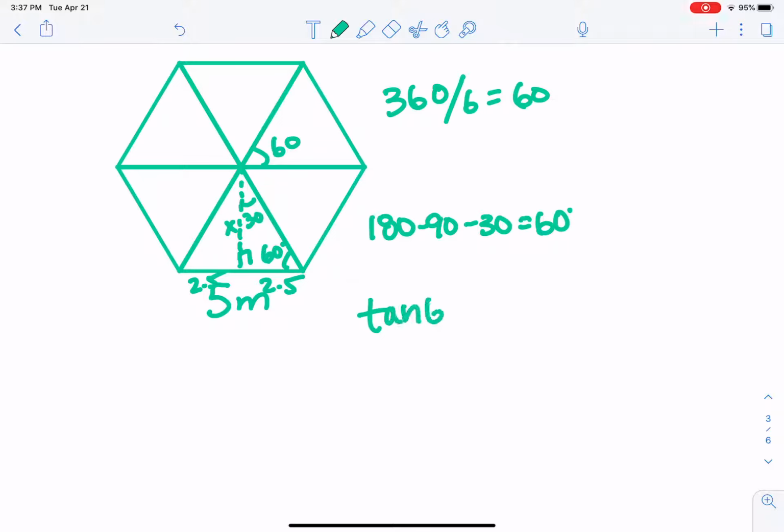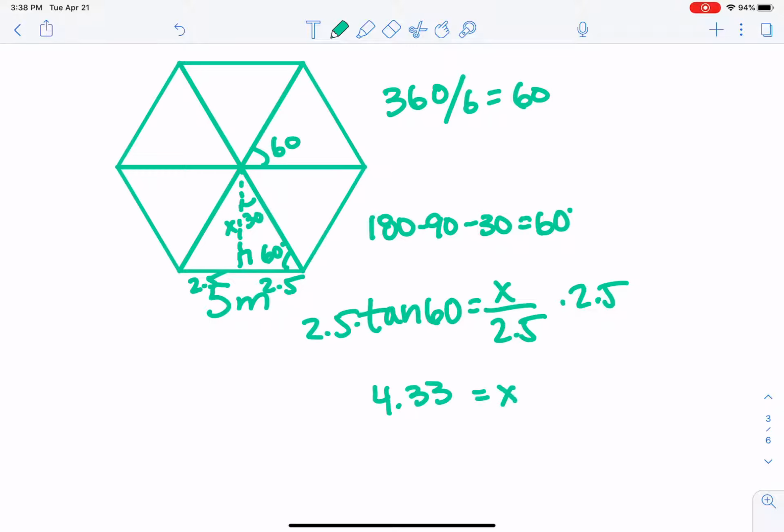Let's look at the 60 degrees. So tangent of 60 is opposite, which was x, over adjacent, which is 2.5. Multiply both sides by 2.5, and I'm going to get 4.33 equals x. So that is the height, or our apothem, of the hexagon.